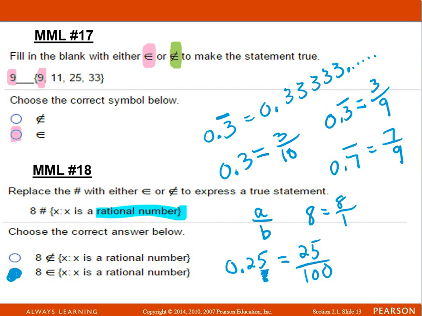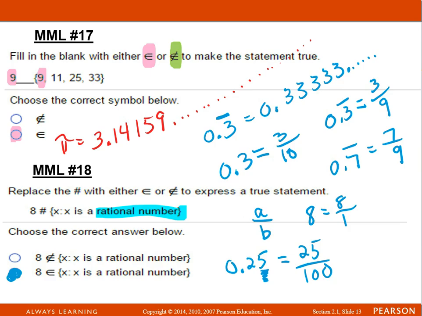The only numbers that are not rational are dudes like pi, 3.14159, and it goes on and on and on, and there's no pattern to it whatsoever. Pi, 3.14, remember pi? It's this symbol here. Probably met him in geometry class when you were working with circles.